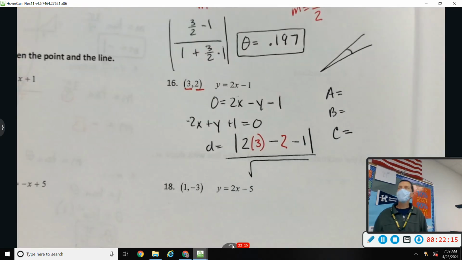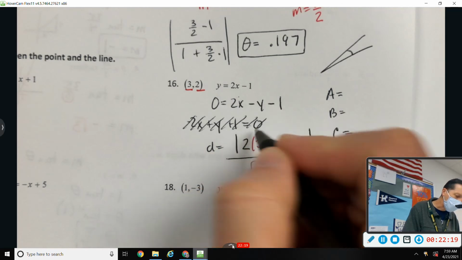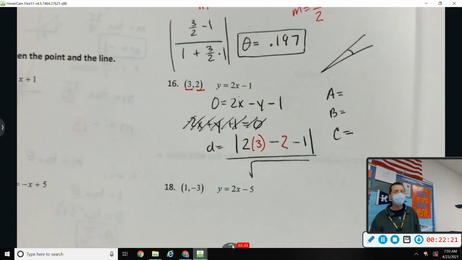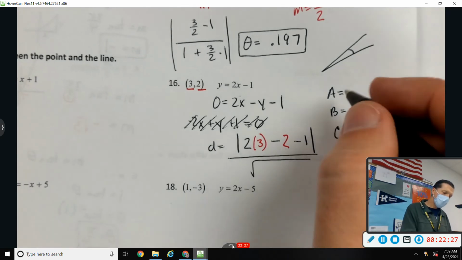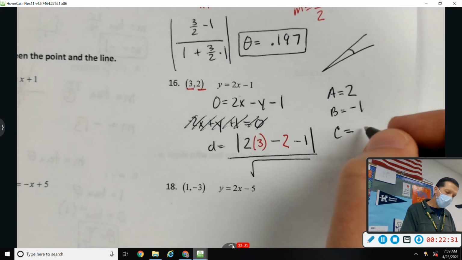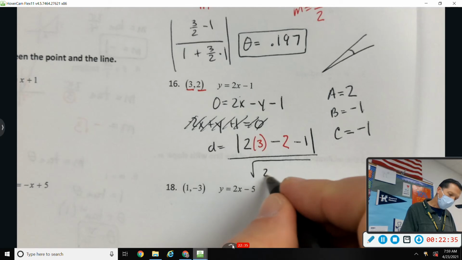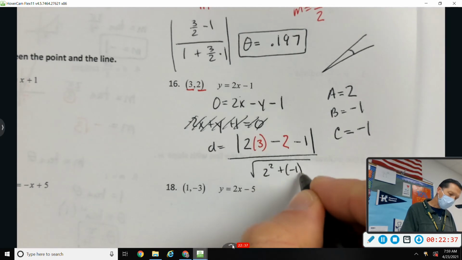Oh yeah, I'm going to mark this one out, otherwise I'm going to get confused. Not that it was wrong, it's just I need to pick one. So what am I using for A? 2. And what's B? Negative 1. And C? Negative 1. So the square root of a squared plus b squared.